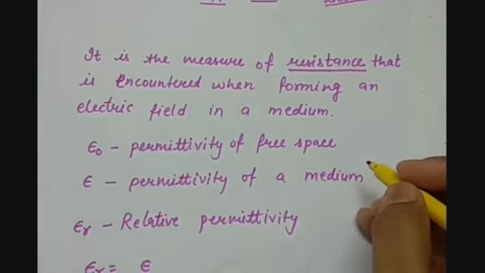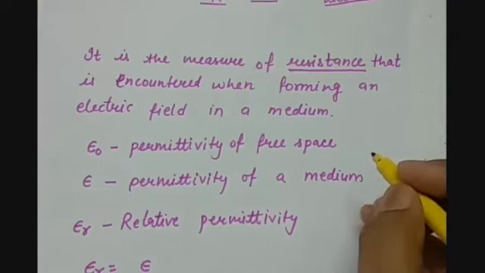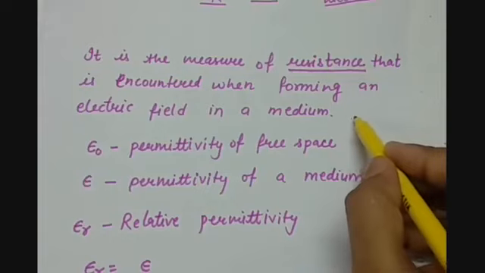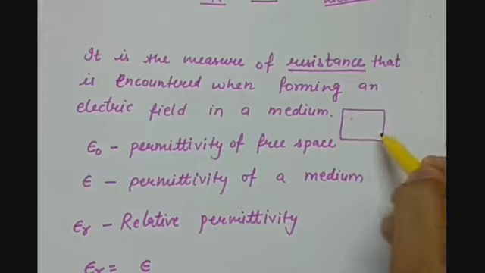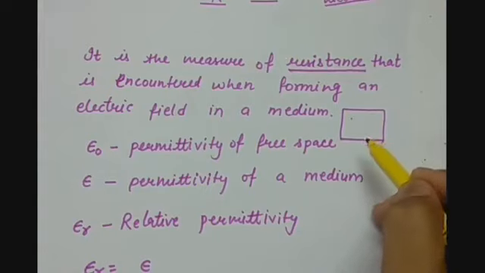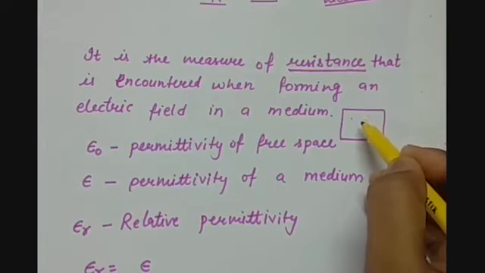It resists any kind of change or movement in its surroundings. So suppose we have vacuum, and we want to form an electric field here, or place a charge here, first the vacuum will resist it.